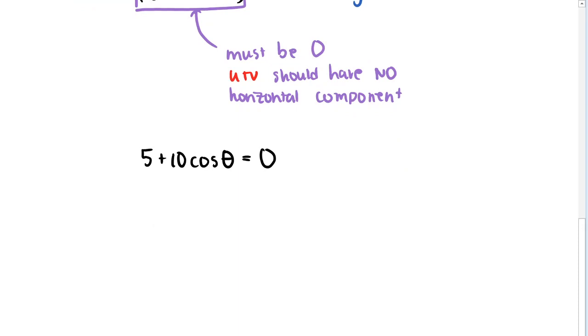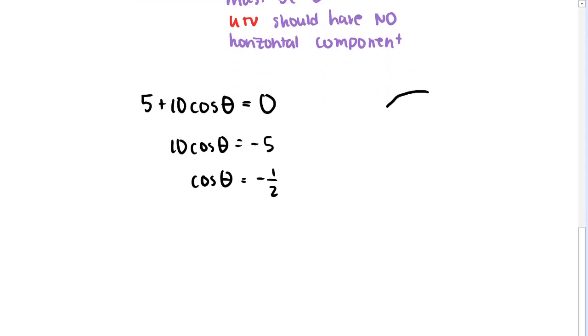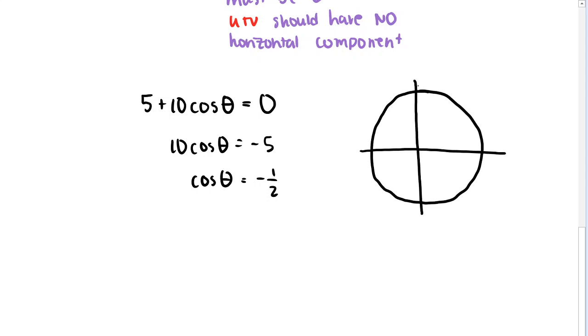Solving this equation, we subtract 5 from both sides and divide both sides by 10, and now we're asking what values of theta give us cosine equal to negative 1/2. Cosine being negative 1/2 means an x-coordinate on the unit circle of negative 1/2. This happens at these two angles, these two positions here.